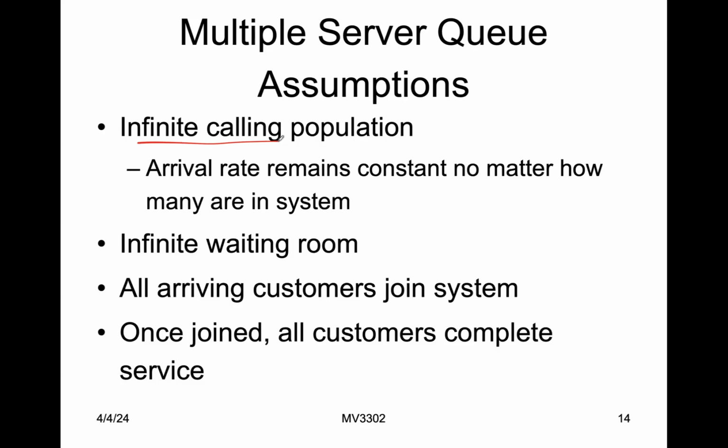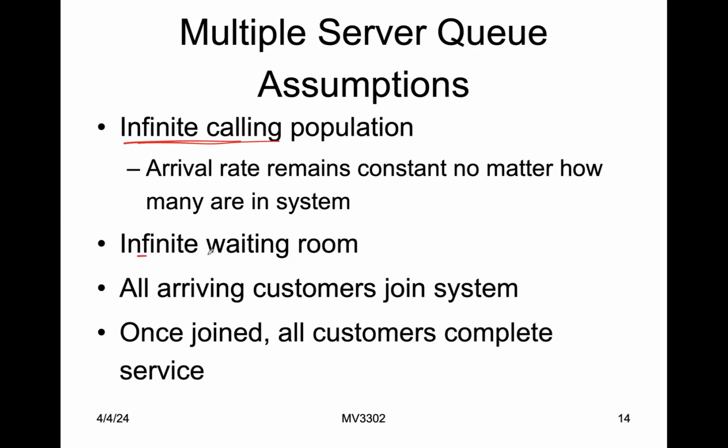The argument is it probably doesn't. 50 out of 120,000 isn't going to decrease it by very much. If I'm in a town of 100 and 50 people in town are in that store, that's a very different story, right? So this is one of the implicit assumptions that we were making.